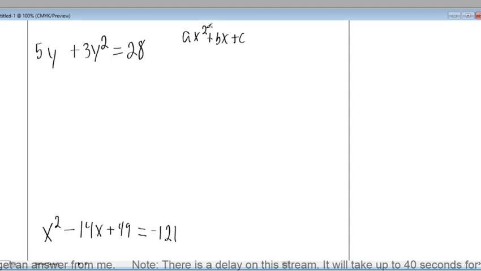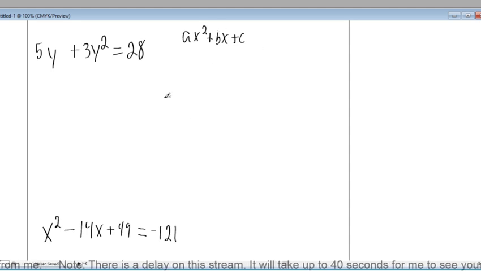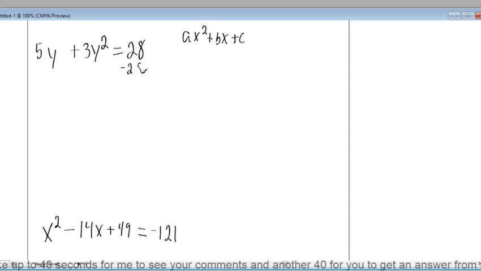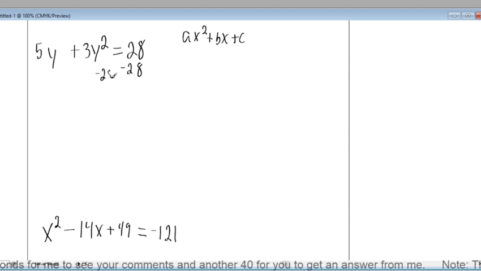So we want our largest power out in front and then in order of descending power. So I'm going to rearrange this, and I'm actually going to have to take 28 over to this side to get this c term back over with these. So I'm going to need to subtract 28 from both sides, bring it back over here, and rearrange this so that it's in quadratic standard form.